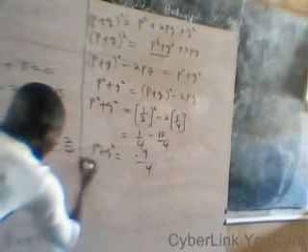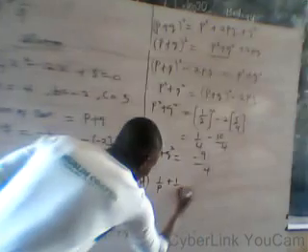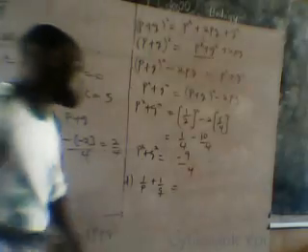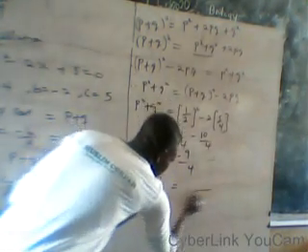Then the last one, which is D, which is 1 over P plus 1 over Q. So that one, when you find the LCM, you see that the LCM is PQ.